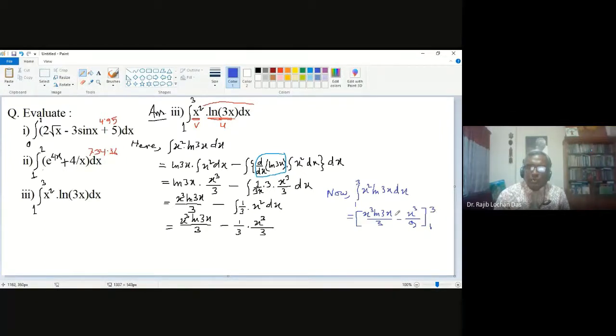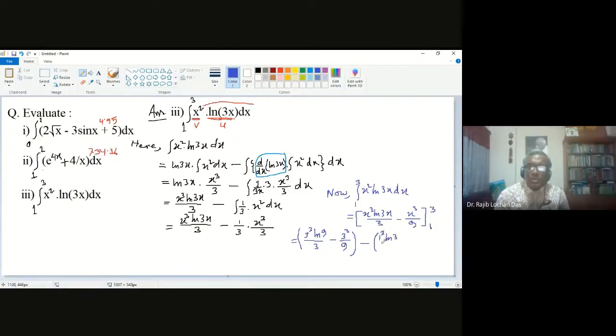So now you put 3 first, so it will be 3 cube ln 9 divided by 3, and then minus 3 cube divided by 9. So this is the first part actually. We are putting 3 in our full answer, and then minus, according to the formula, we will put 1 again in the full answer we have got.